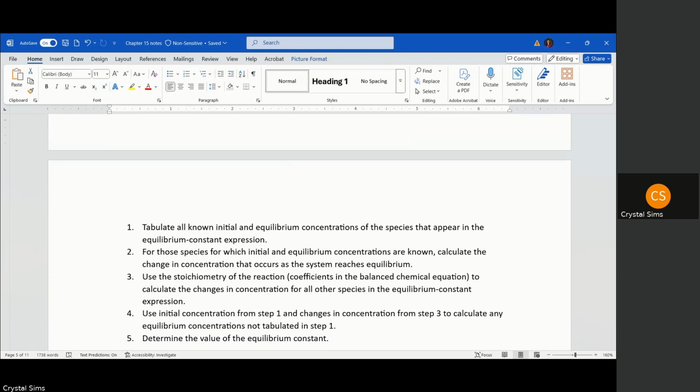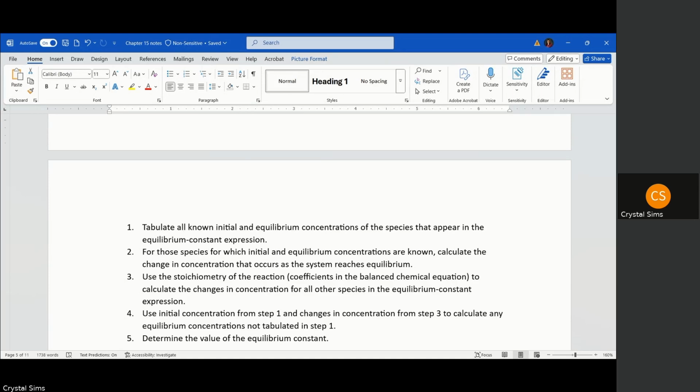And then for those that we know, we calculate the change in the concentration as the system is reaching equilibrium. And then we go back to our reaction, looking at the coefficients to calculate the changes in concentration for all of the other species. And this is why having that specific balanced equation is so important.